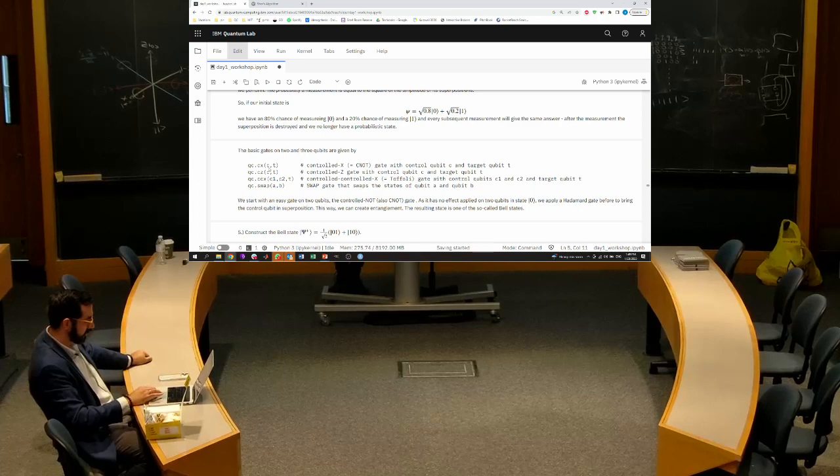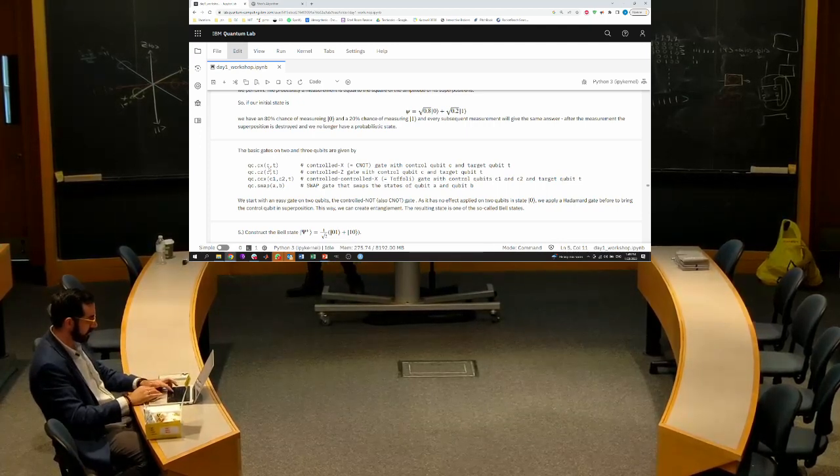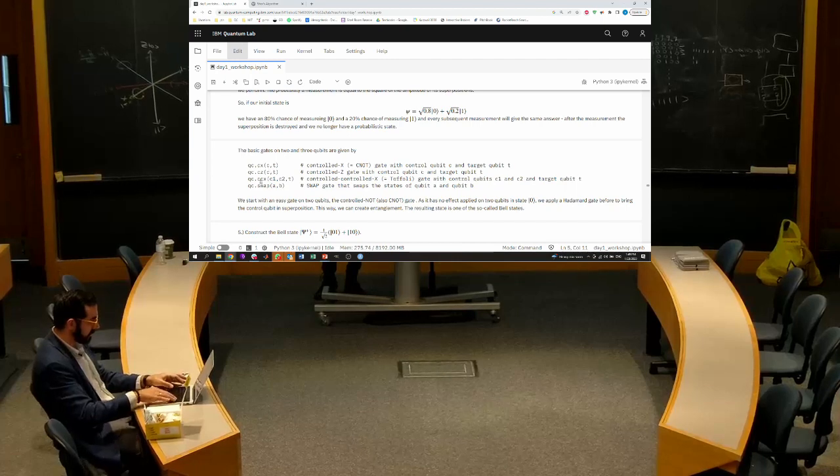The control is the one I'm asking the question: should I do it or not? The control qubit decides whether yes or no. And the target qubit is the one I'm doing stuff on. So I ask, should I do the NOT on this qubit? The answer is yes, I go to this qubit and do an X gate on it.